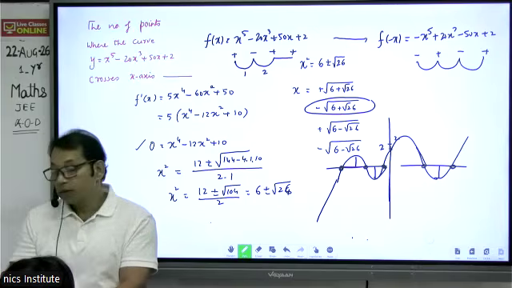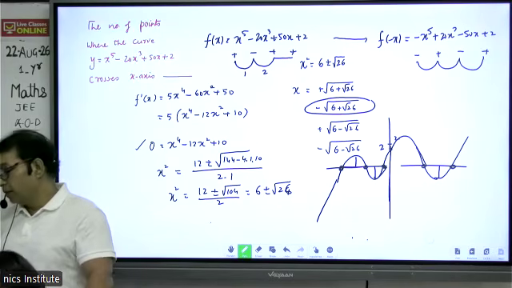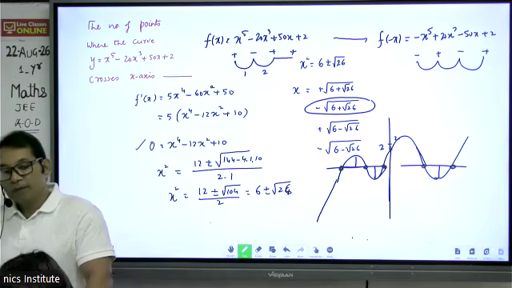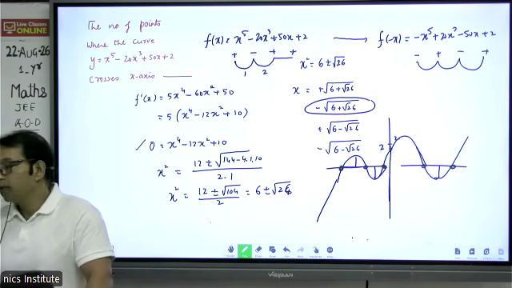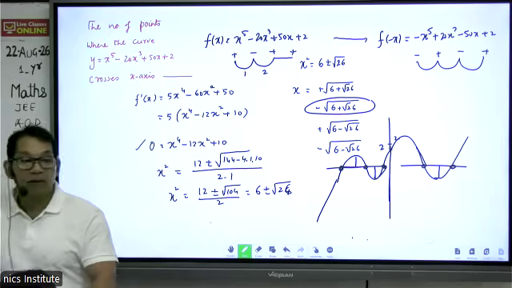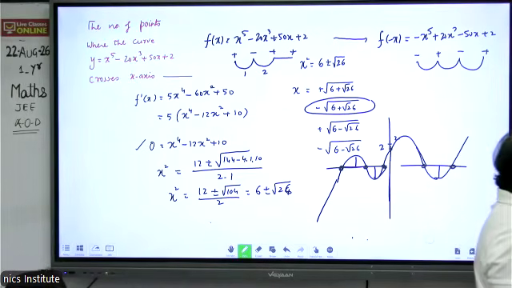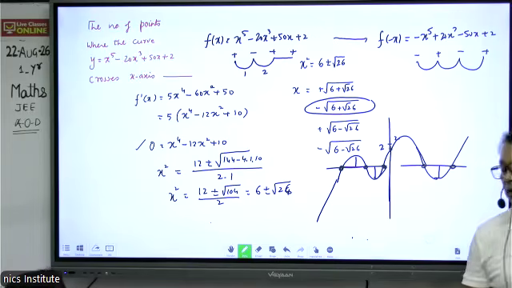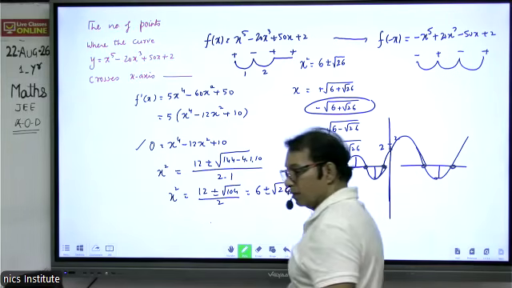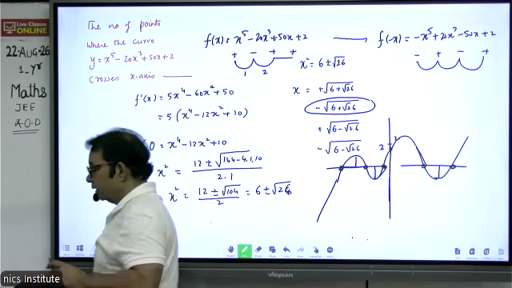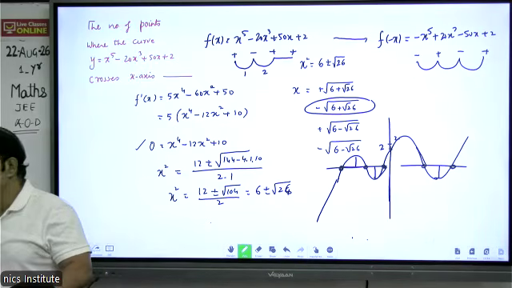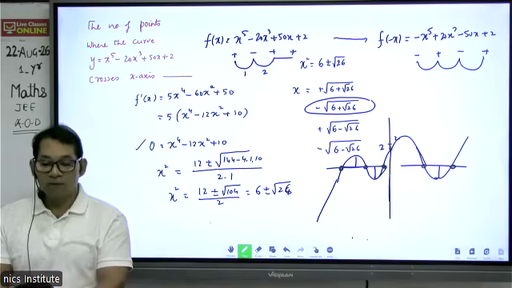The rule is, you write it down. In a polynomial f of x, the number of sign changes gives the maximum possible positive roots.